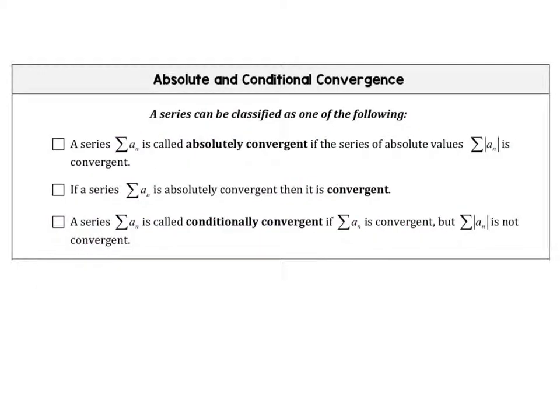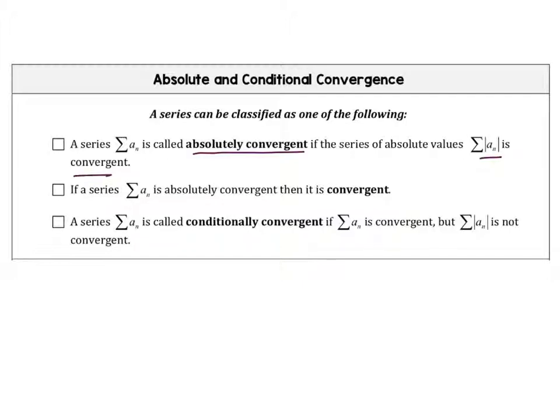Okay, now we can look at one more way that we can classify a series, and we're going to talk about absolute and conditional convergence. It is important that you remember what each one of those implies. A series is called absolutely convergent if the series of the absolute values is convergent.